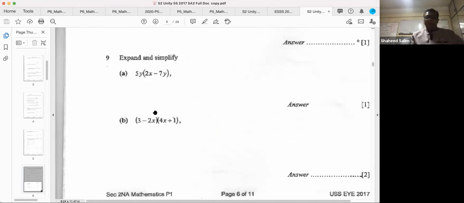Expand first and then simplify. X minus y.